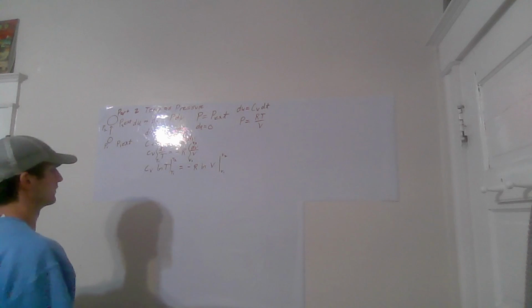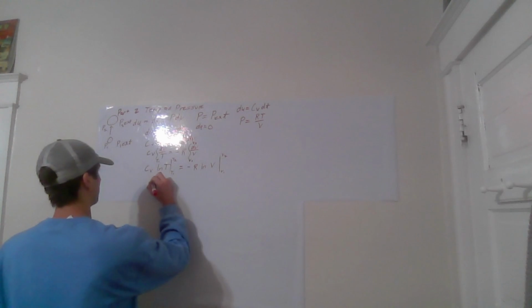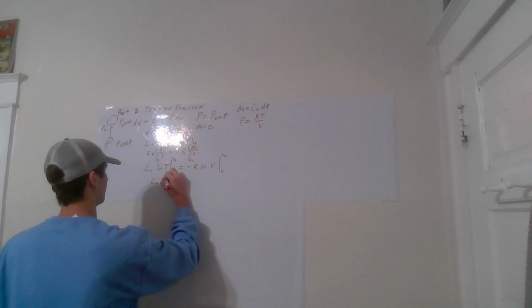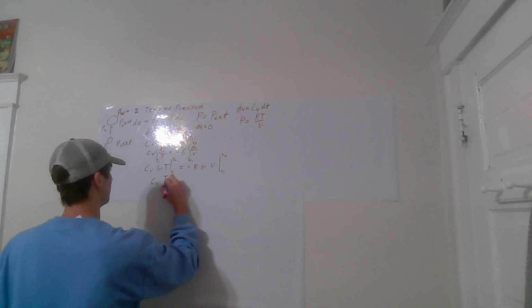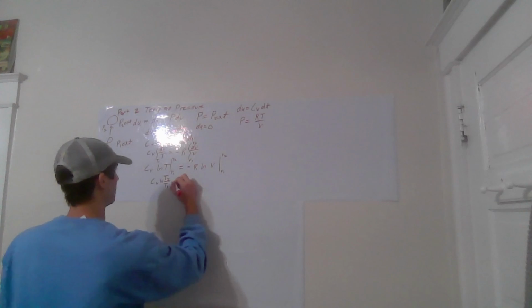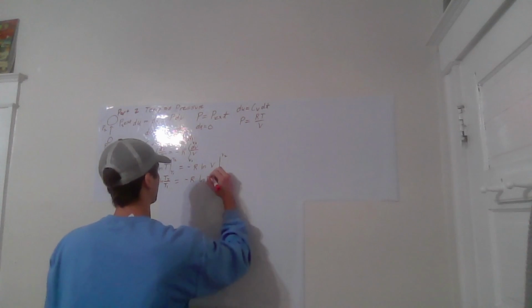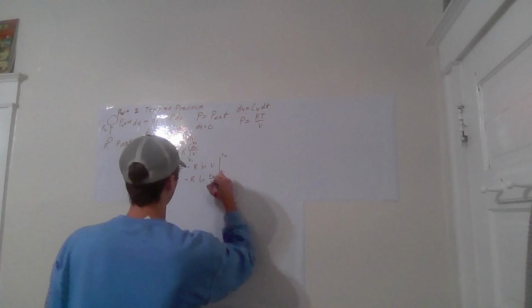And so if we integrate this, natural log of T2 over T1 equals negative R times natural log of V2 over V1.